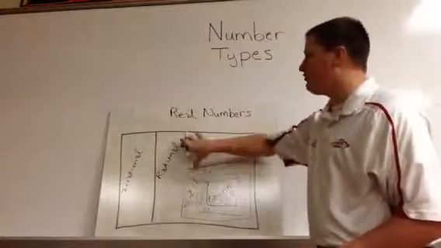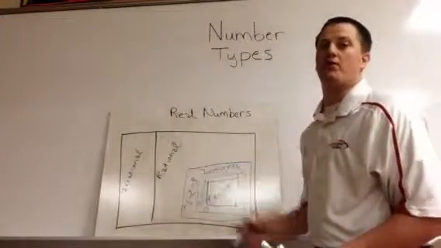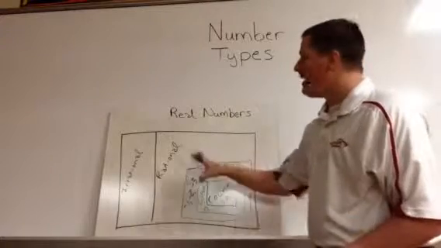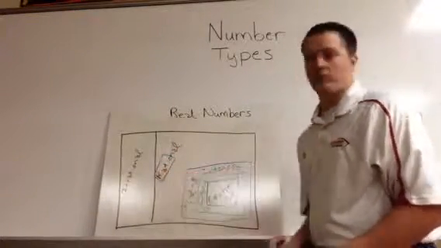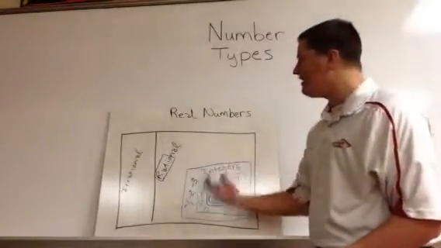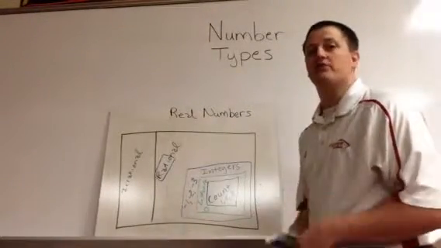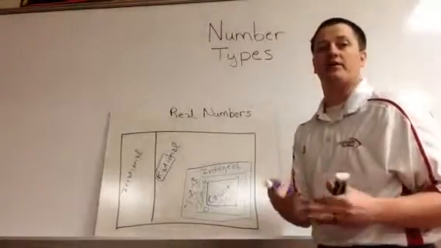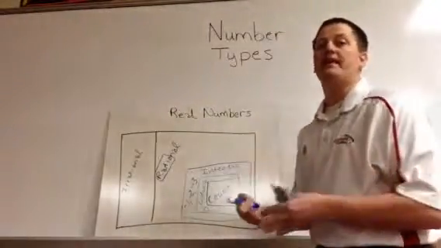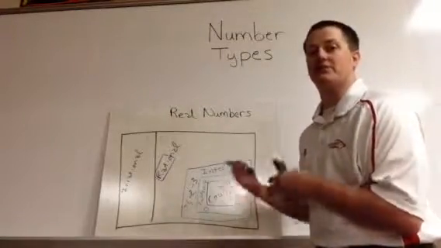Then we actually get to the big group called rational numbers. Rational numbers can be written as a ratio. Another name for a ratio is a fraction. So this is where we start adding in fractions. Fractions can also be turned into decimals, so many decimals are included in the rational numbers.